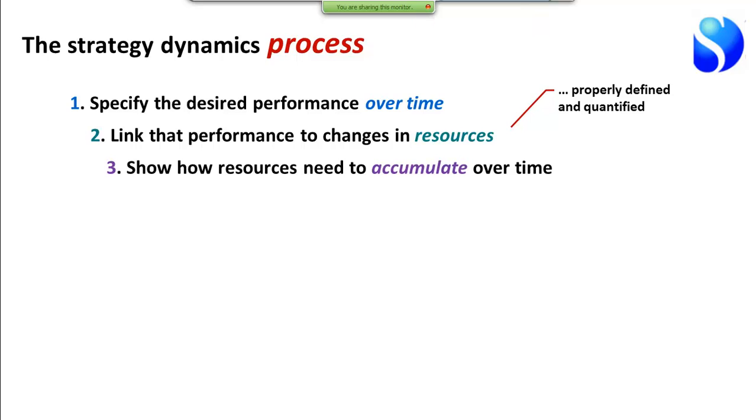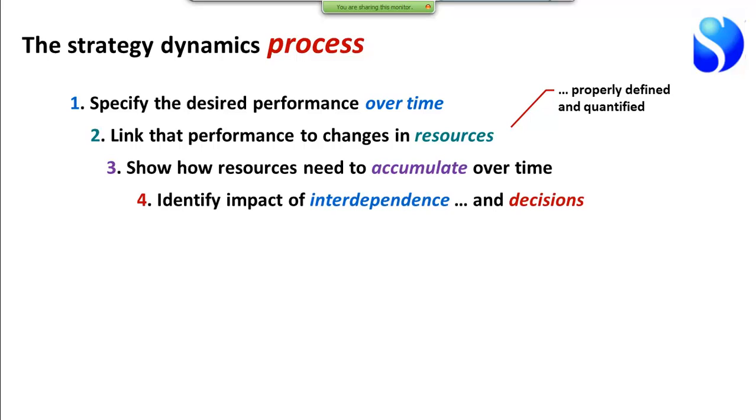Then these things have a particular characteristic, which is they accumulate over time, and they depend upon each other for that to happen. So we look at the impact of that interdependence and the impact of decisions as well.